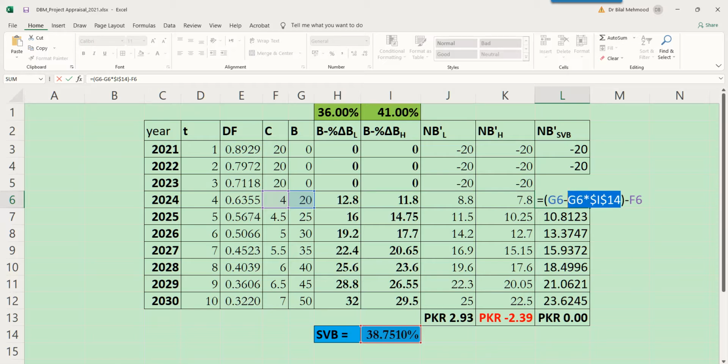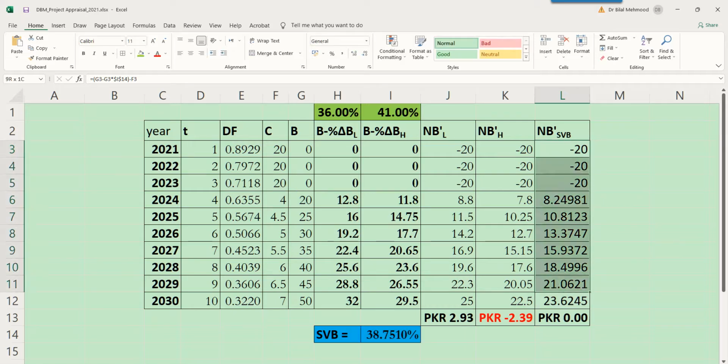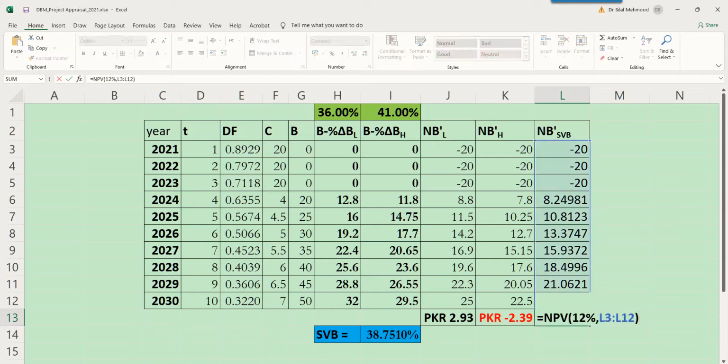This change in the benefits will be subtracted from the actual value of the benefits, and then we subtract the F6, which is the original cost. So now we get this column of values that we can add, and then take the discounting factor as 12% to find its NPV, and it is equal to 0.